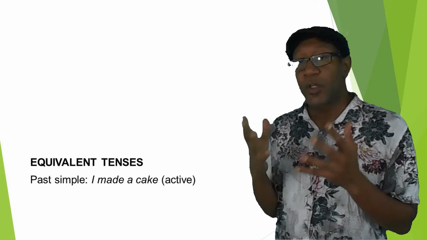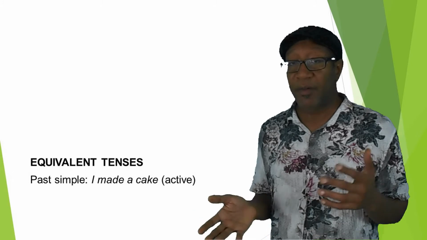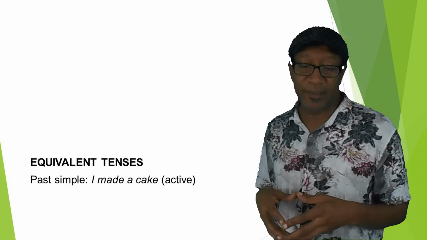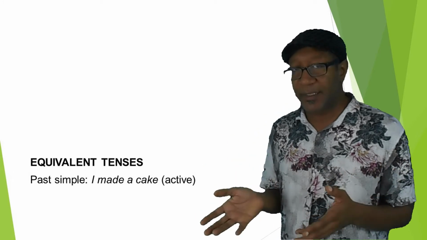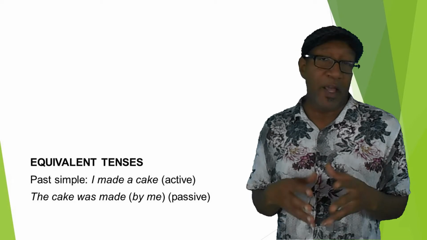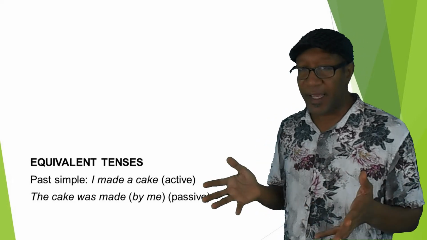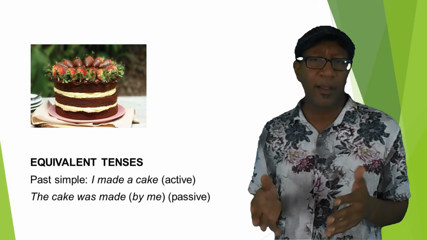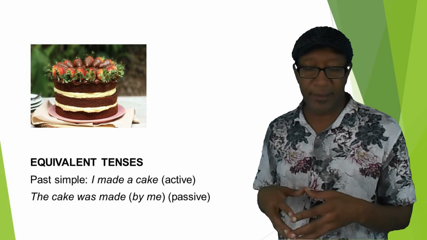When you do the equivalency between active voice and passive voice, you have to pay attention to the tenses. So, we have here this image of this cake, and you have the equivalency between active and passive voice.